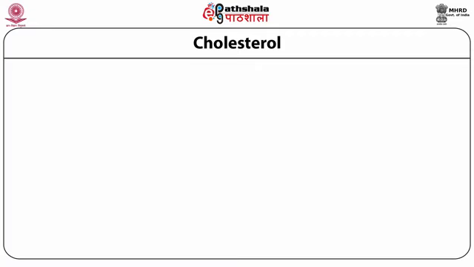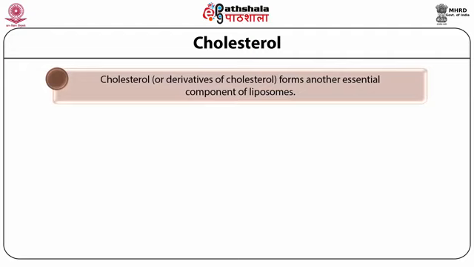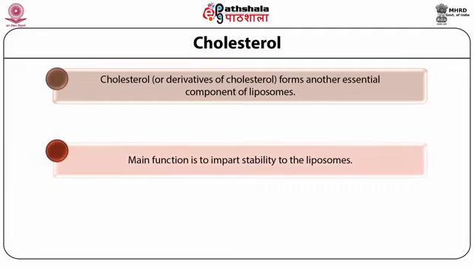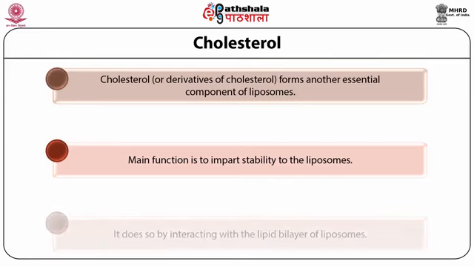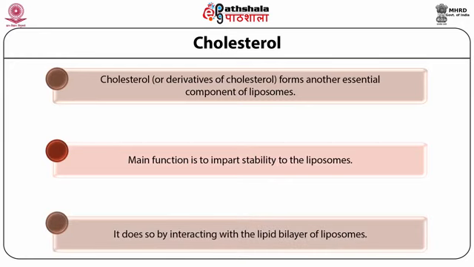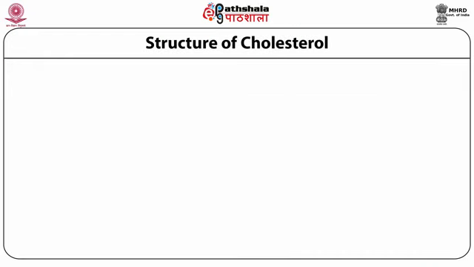Another important formulation component of liposome is cholesterol. Cholesterol or derivatives of cholesterol also form an essential component of liposomes. The main function of cholesterol is to impart stability to the liposomes. It does so by interacting with the lipid bilayer of liposomes. Structure of cholesterol.